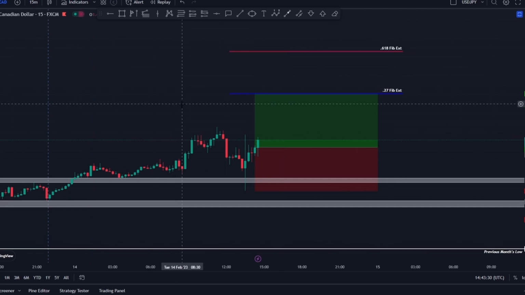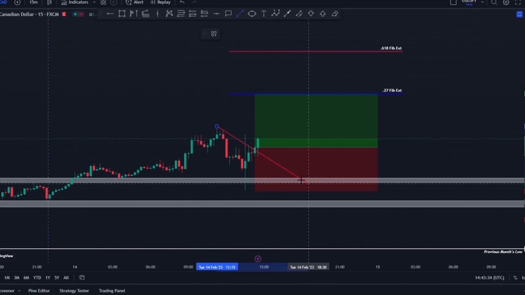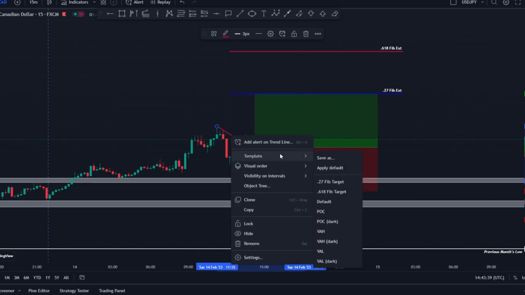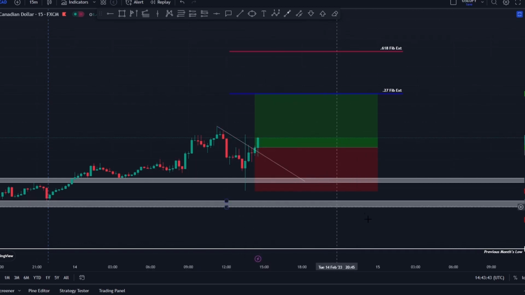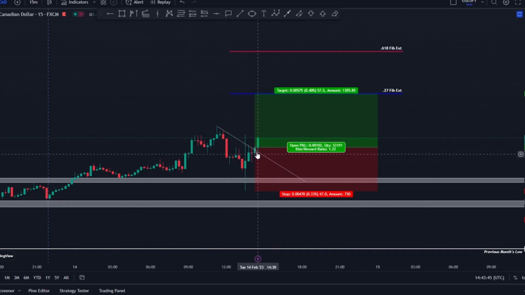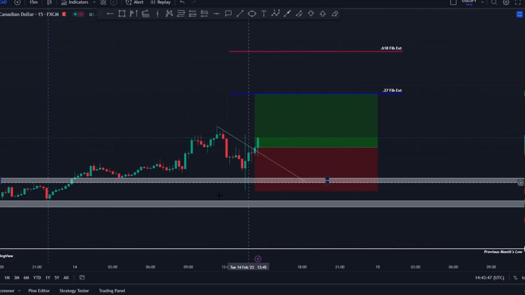But as you can see, if I draw my counter trend line, I'll just change this, give me a second. So as you can see, basically we had this bullish push break the counter trend line.